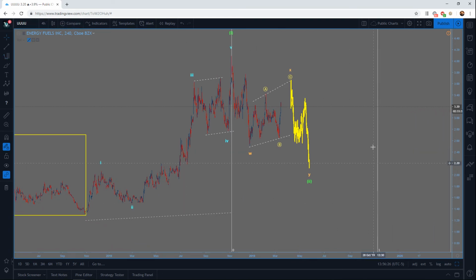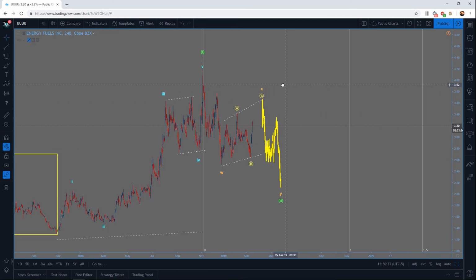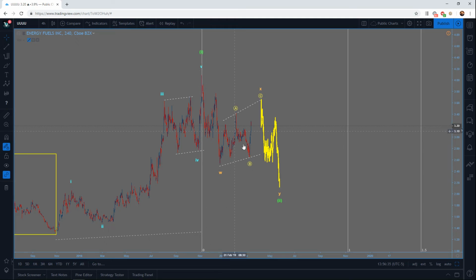If we're going to stick to the correction should be as long or longer than the impulse, then this could just be a larger W wave. R2 could be way out here.